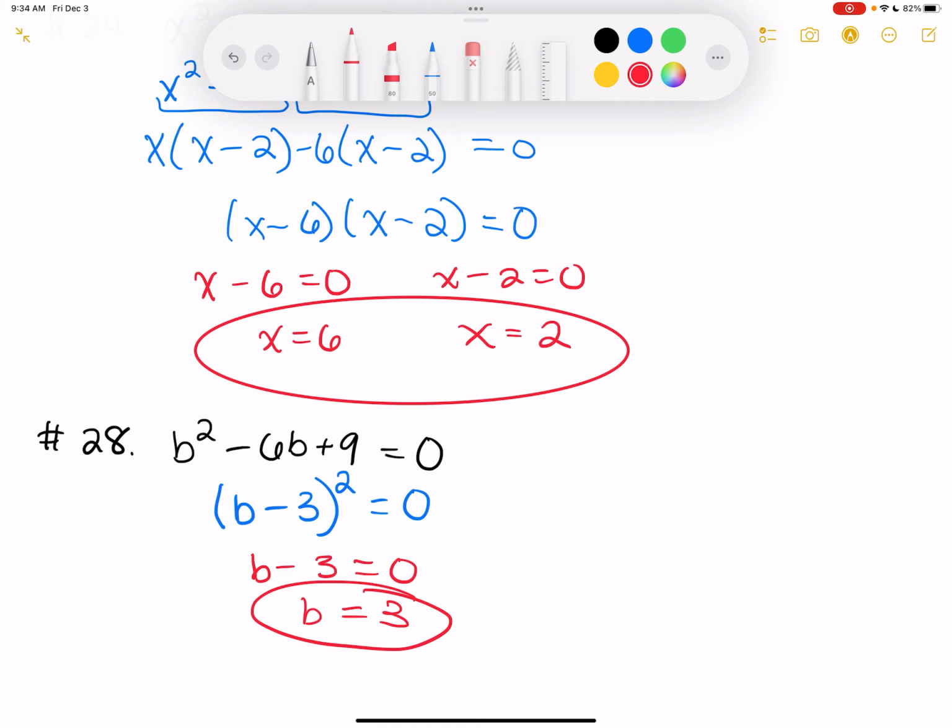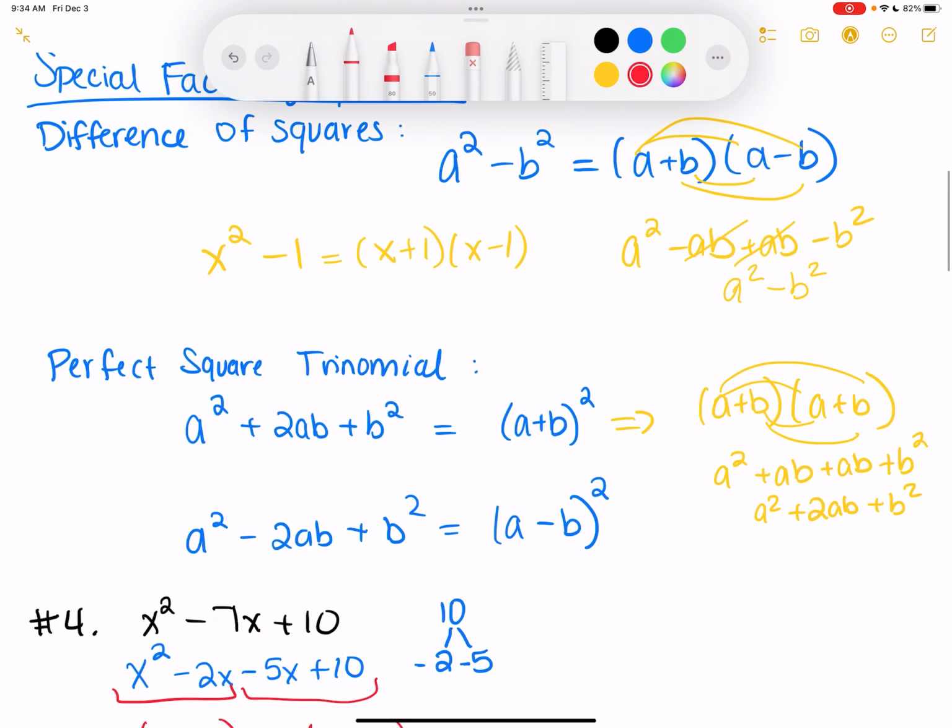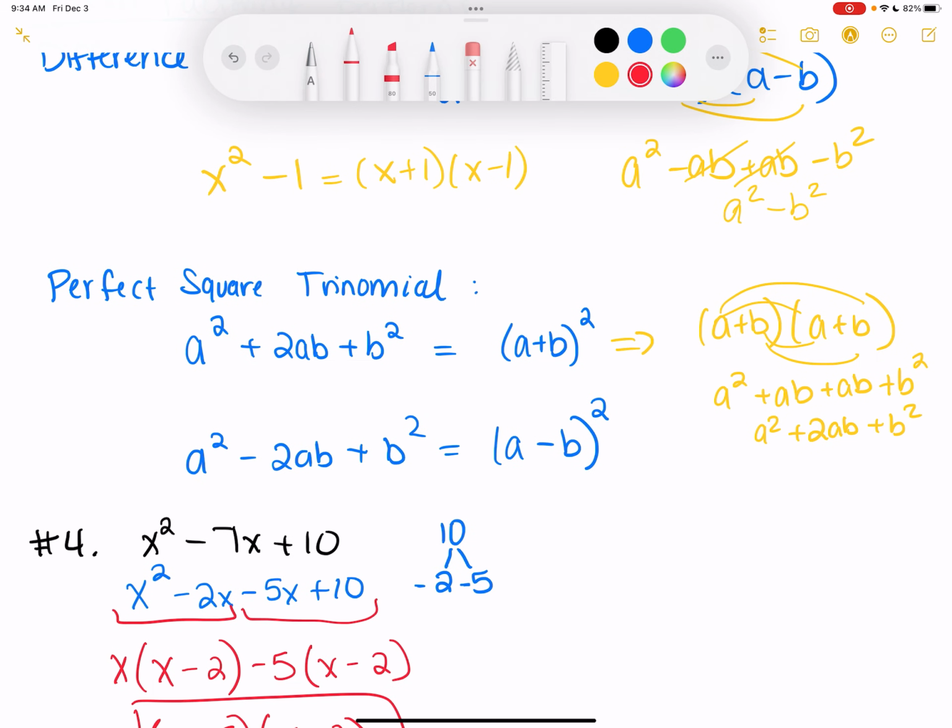Wait, can you just run me through how you got b minus 3 squared in the blue? Yeah, because it's the perfect square trinomial. So it's this form. Because you had b squared minus 2 times the number here, which is 1, times this number squared, which was 9, so 3 squared, so times 3.